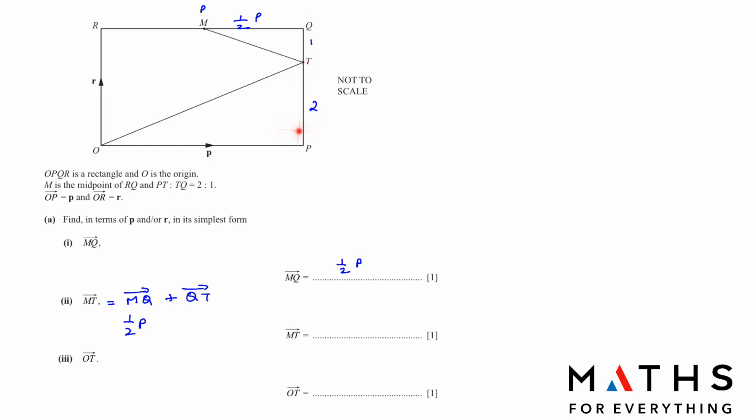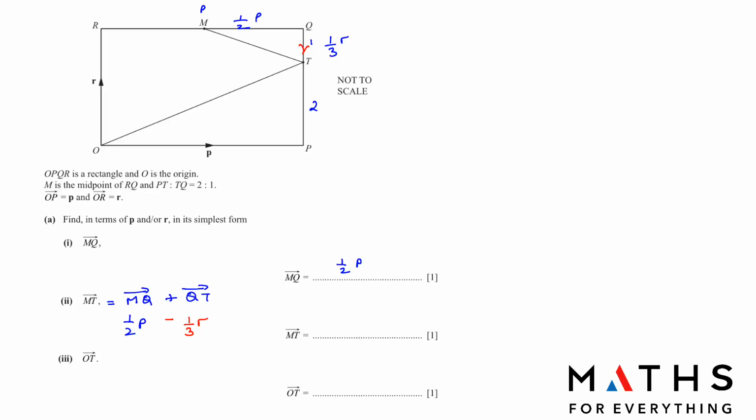So TQ is going to be 1/3 R. But we don't want TQ, we want QT. It's going in the opposite direction, so this is going to become negative 1/3 R. If it goes in the same direction, we leave it as positive. But if it changes, then we make it negative.